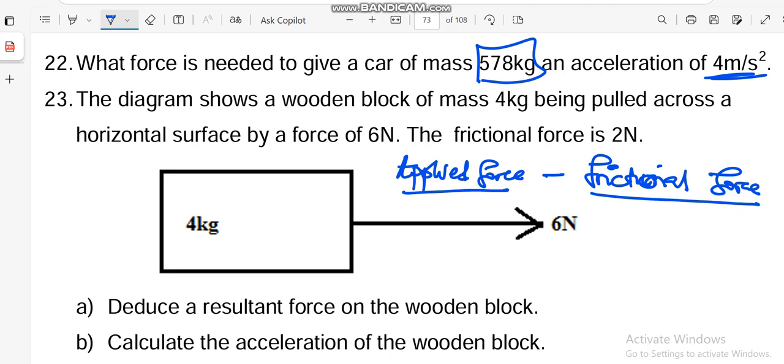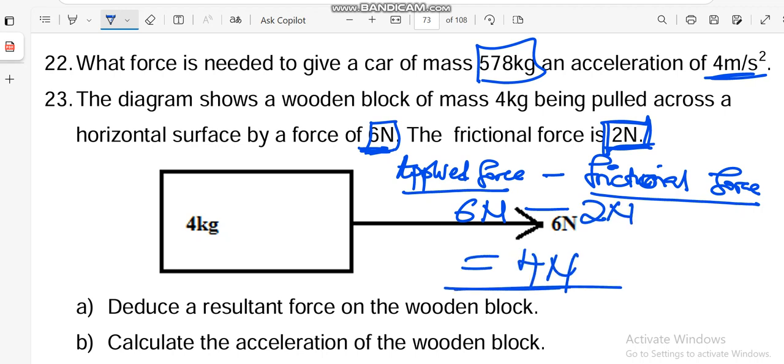What is the applied force? The applied force here is 6 newton, minus the frictional force, which is 2 newton. I'm going to get 4 newton, which means the resultant force was 4 newton.